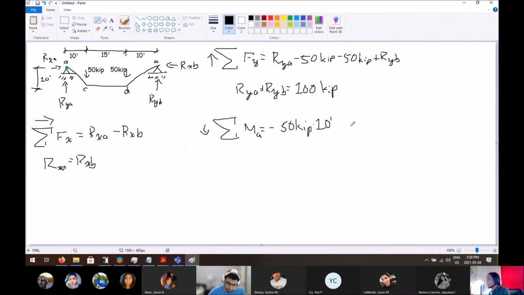Same thing for this 50 kips. Minus 50 kips times 25 feet, right? Draw a line. You're going to extend this vector so it becomes a line. The orbit that it makes around A has a radius of 25 feet, right? Cool.